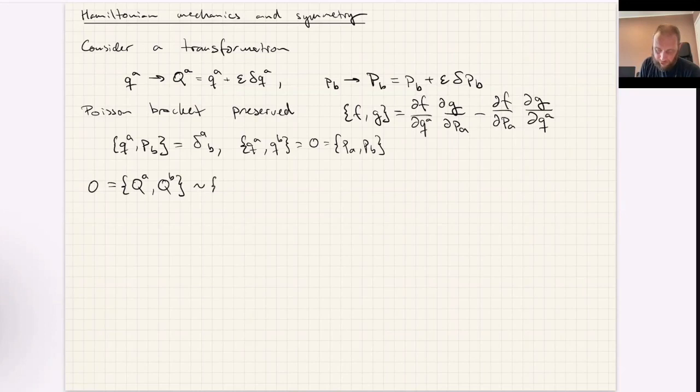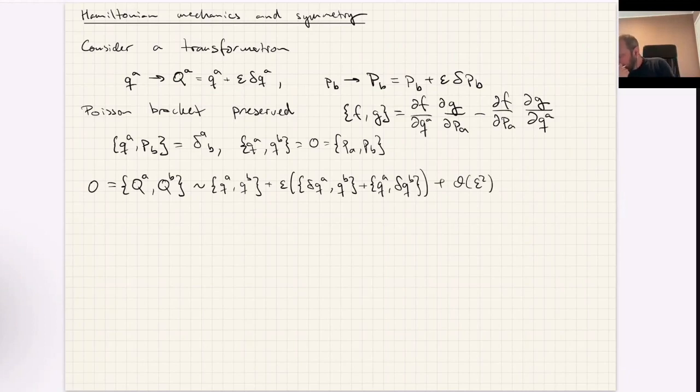Then I get, first of all, the bracket of qa and qb from the leading terms, plus epsilon times the bracket of delta qa with qb, plus the bracket of qa with delta qb, plus higher order terms, epsilon squared.